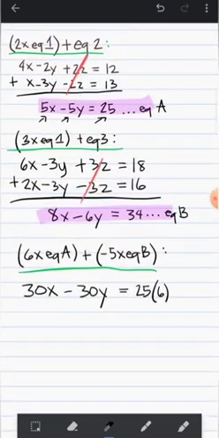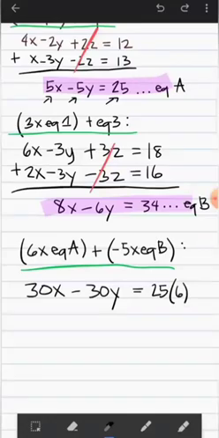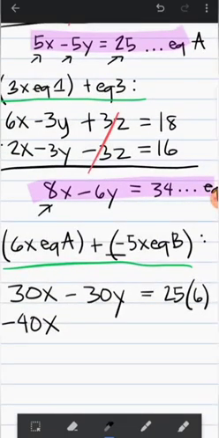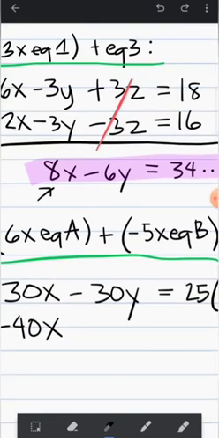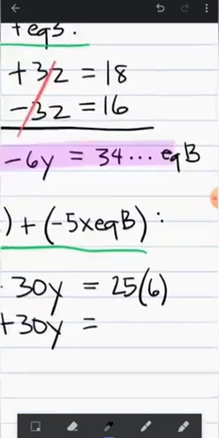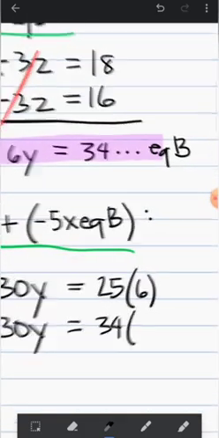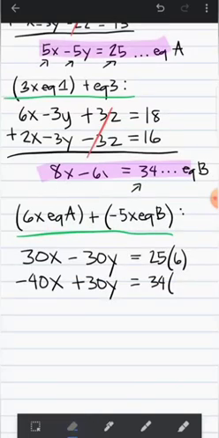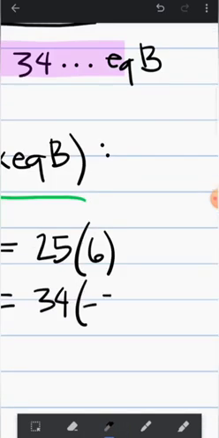And then for this one, negative 5 times 8x is negative 40x. 5 times 8 is 40. And then negative 5 times negative 6 is positive 30y. That is equal to negative 5 times 34. Let me get this, negative 5 times 34.